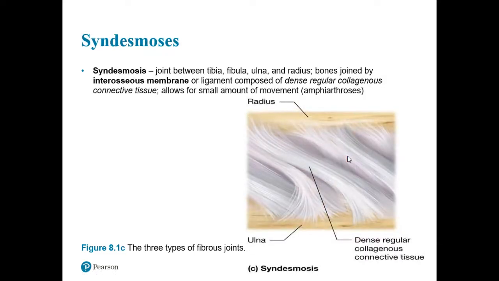Syndesmosis is another type of fibrous joint. A syndesmosis is also known as an interosseous membrane, and it occurs in the space between two locations in the body.